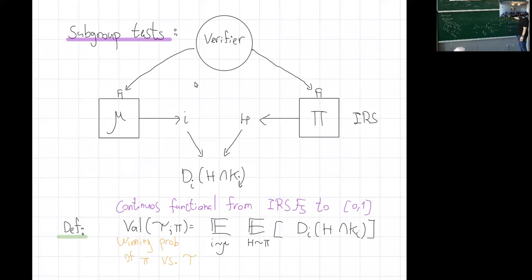Okay, and that's just the formula for the probability that this interaction will give you 1. And just note that this is a continuous functional. From where to where? From the IRSs to the numbers between 0 and 1. Okay, so it's not really from the IRSs. You need to extend it to the vector space in which it lives, and then it goes to R, but it is a continuous functional from the appropriate spaces.